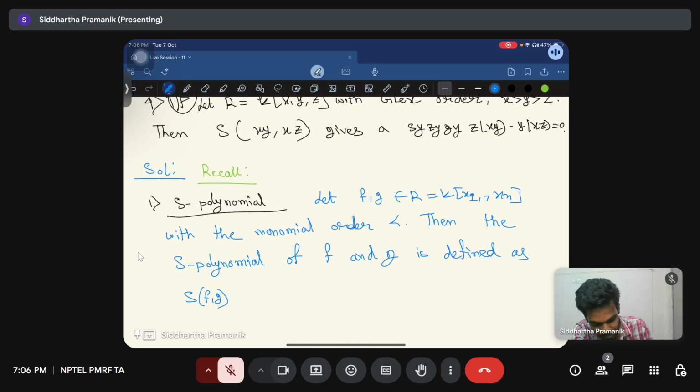And how is it defined? We are in the polynomial ring, which is a UFD, so we can talk about LCM and GCD.